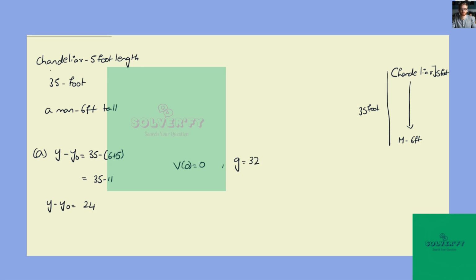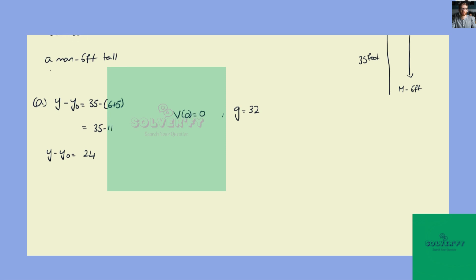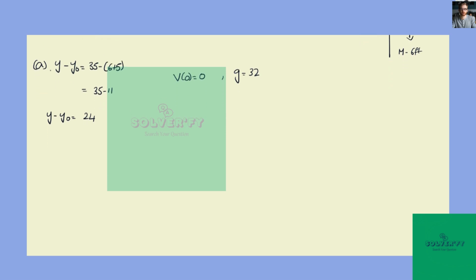After this, let's form the equation which states that y equals y naught plus v naught multiplied by the time minus 1 over 2 g t squared.